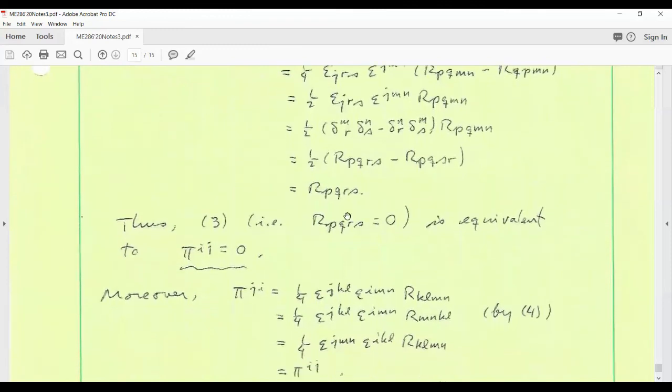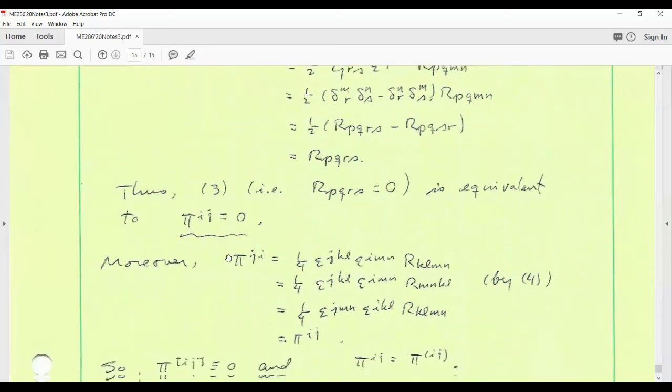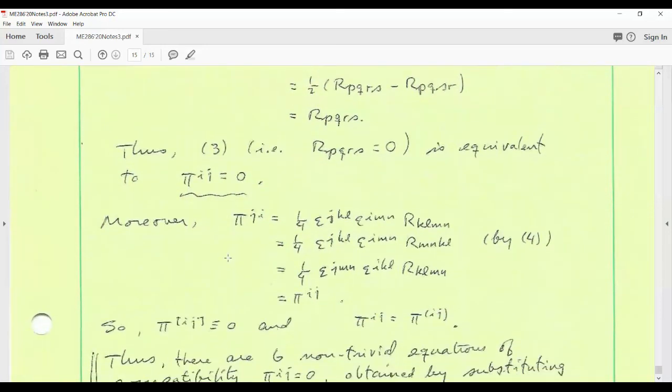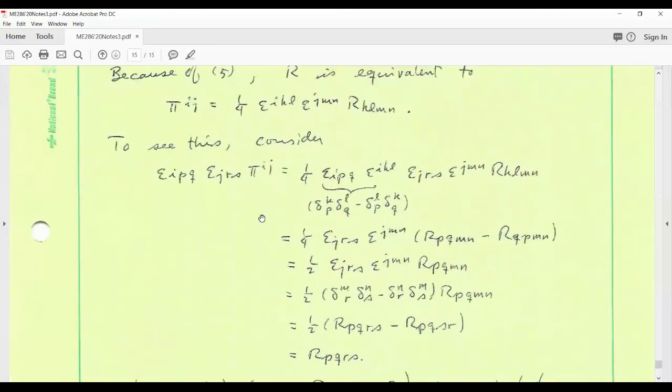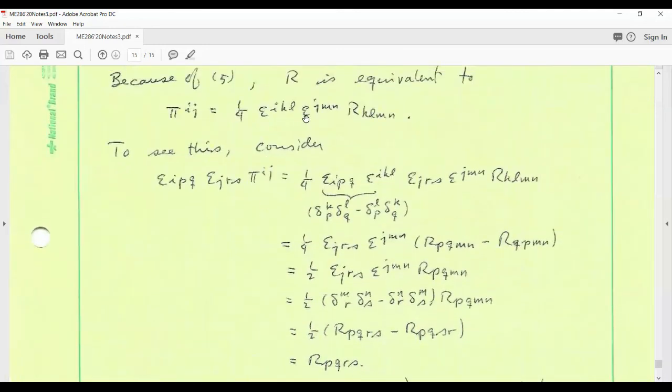So instead of this horrible set of 81 equations we have to worry about, we have 9 equations of compatibility. But it's actually better than that. And we're coming to the end. We can show that this pi is actually symmetric. Let's write down pi ji just by going back to the definition of pi and interchanging i and j to get pi ji.